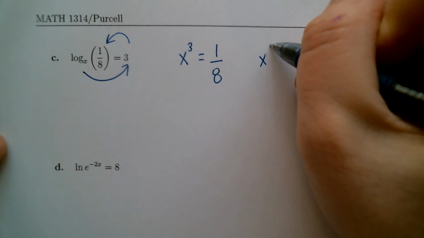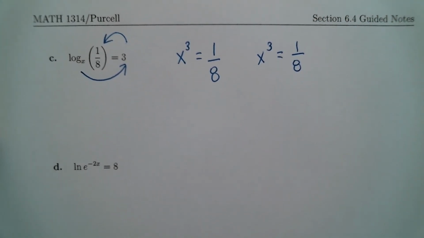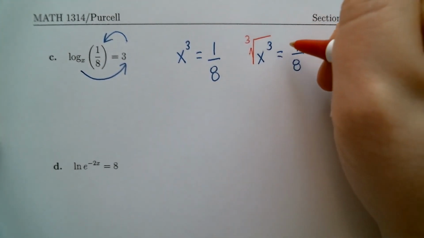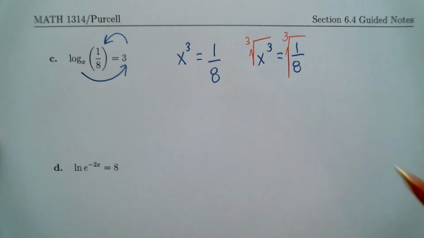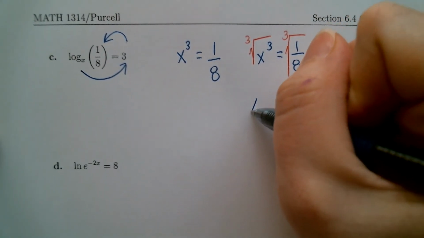To undo the third power, we're going to take the cubed root of both sides. Remember, cube and cubed root cancel.